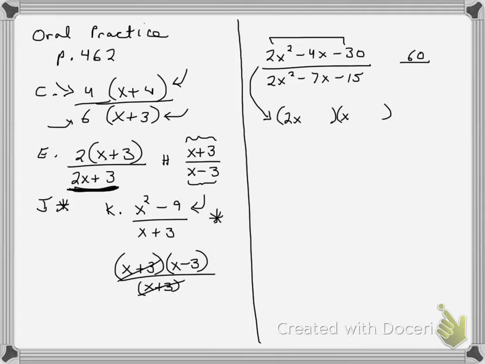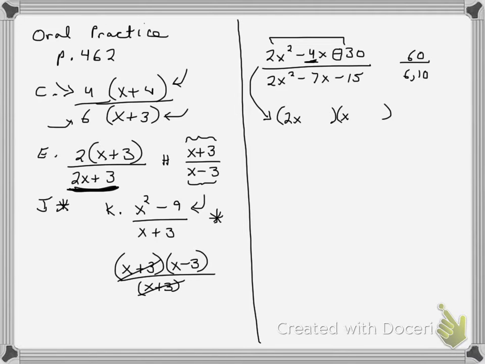What are my pairs? I'm looking for a difference of 4 or negative 4. Difference of 4. So 1 and 60 won't work, 2 and 30 won't work, 3 and 20 won't work, 4 and 15 won't work, 5 and 12 won't work, 6 and 10 will work. See how you do it?